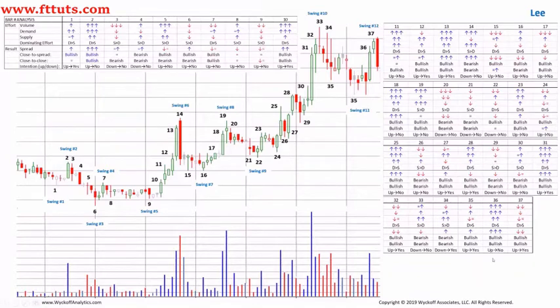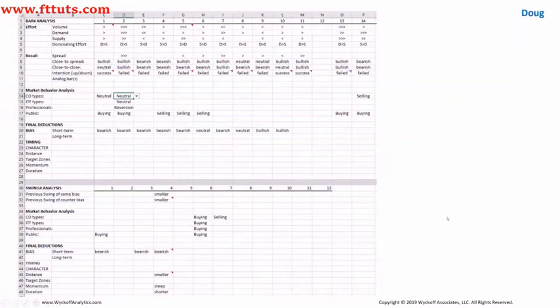It's a spreadsheet, I believe, that was transferred into the PowerPoint, and then we have all of the bars, one by one, with all of the interpretations of how the effort and the result interact with each other, and what subcategories we have under the volume and spread, and what the deductions are from that. So that's just phenomenal. Okay, next example, also a spreadsheet from Doug, and kind of the same idea.